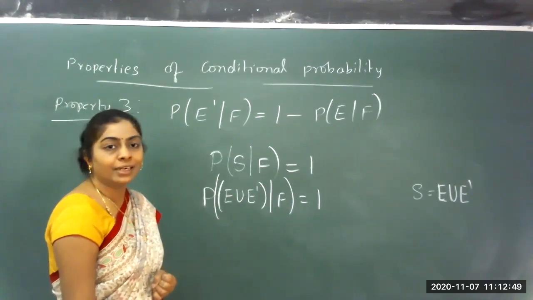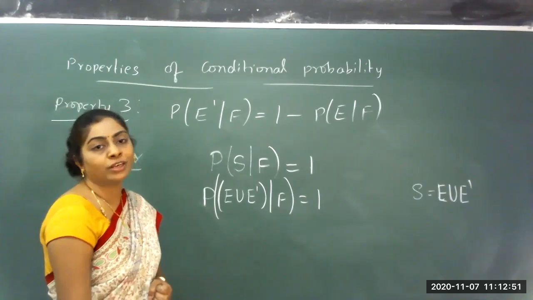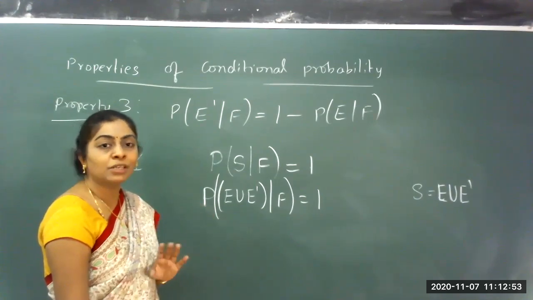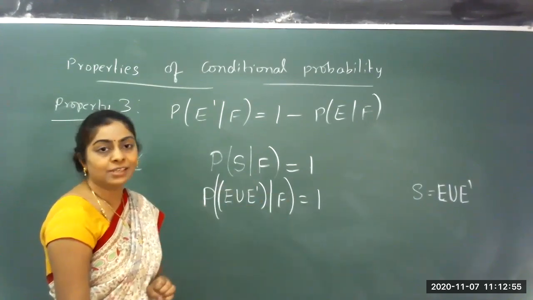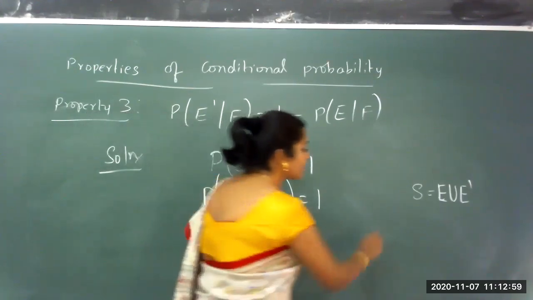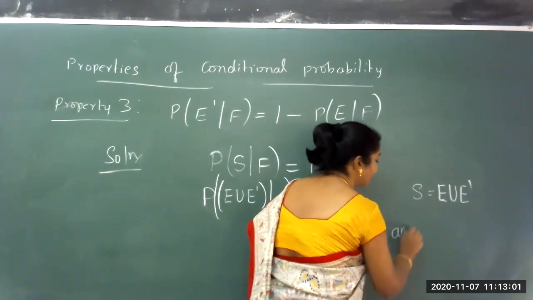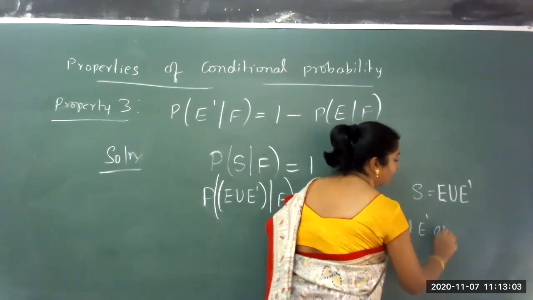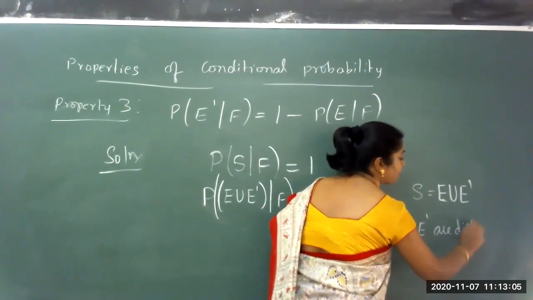Now, E and E dash, can I say they are disjoint? You don't have common elements at all whenever we consider a set and its complement. So here I can say that E and E dash are disjoint events.